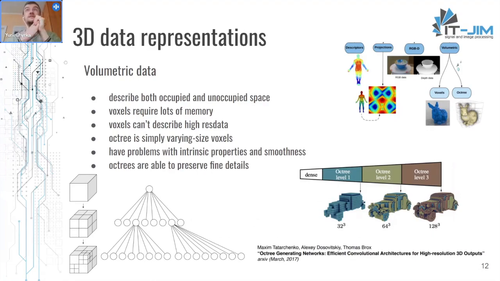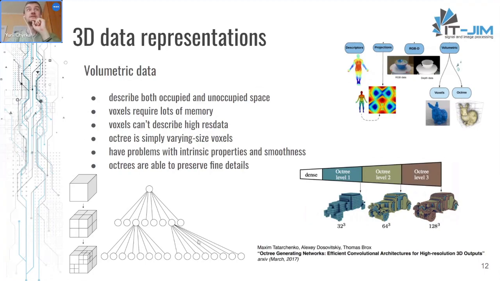And one more type of volumetric data is octrees. Basically, octrees are just variable size voxels. And we can describe our object, our scene in three dimensions by different depths of details.